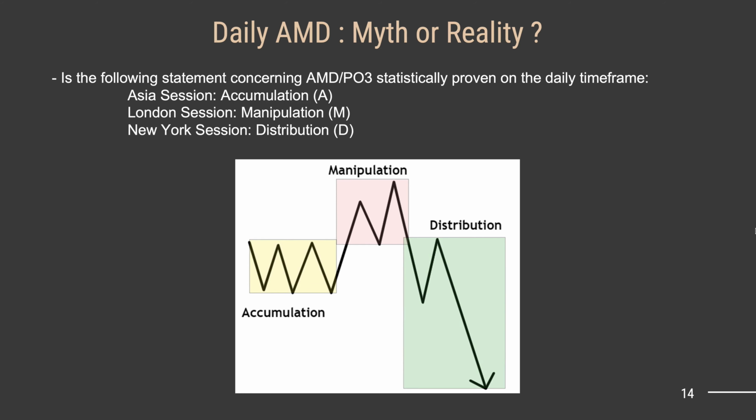Whenever you have this at every time frame, the idea is that price accumulates, gets manipulated, meaning that it moves in the direction but not for long, just to trick everyone in there, and then distributes to the opposite side. So this is the image for a bearish distribution.